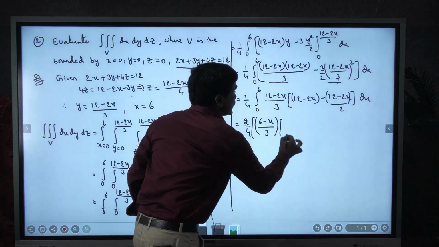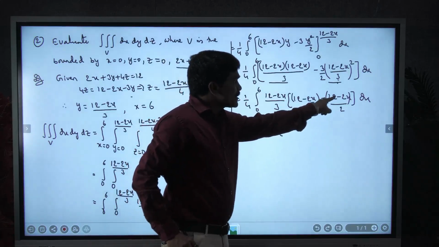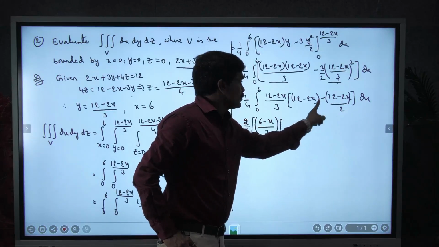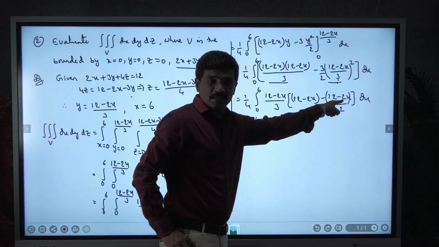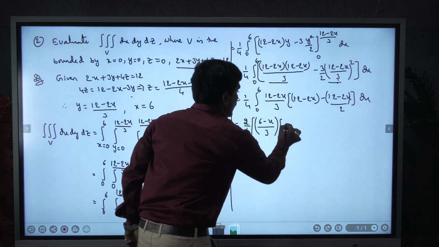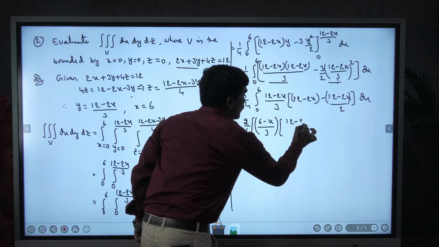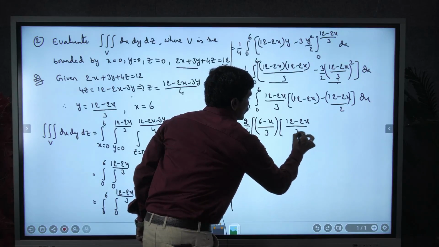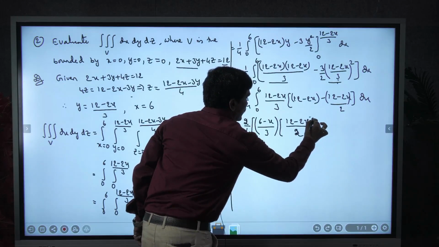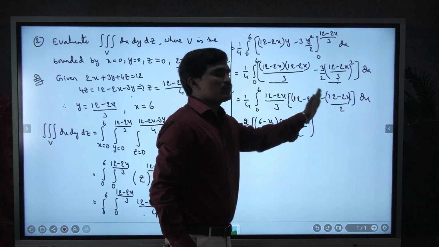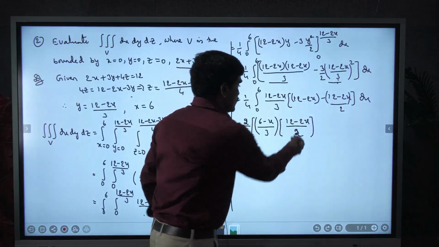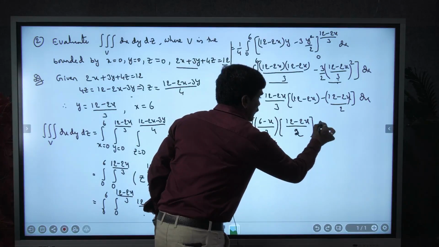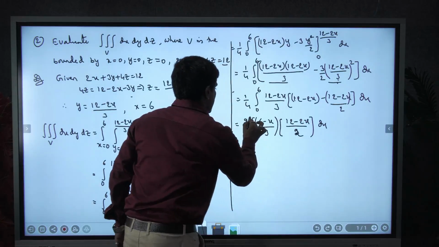So what is here? 12 minus 2x minus 12 minus 2x by 2. So take LCM, 2 into 12 minus 2x minus 12 minus 2x by 2. So finally we have 12 minus 2x by 2, right? Actually 12 minus 2x is common, then we have 1 minus 1 by 2. 1 minus 1 by 2 is clearly 1 by 2. So I write 12 minus 2x by 2 into dx.